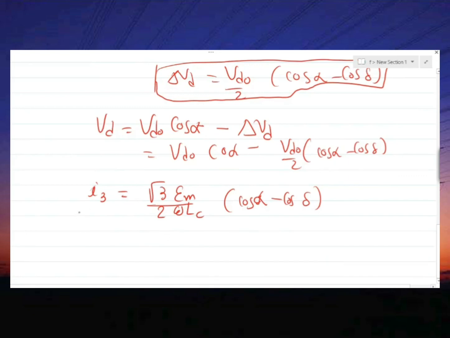So your DC current at the end of commutation is equal to root 3 Em upon 2 omega Lc into (cos alpha minus cos delta).